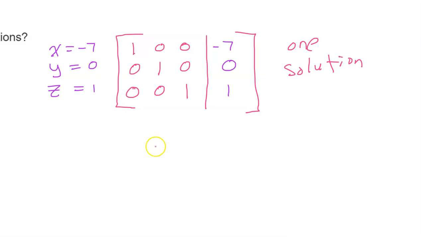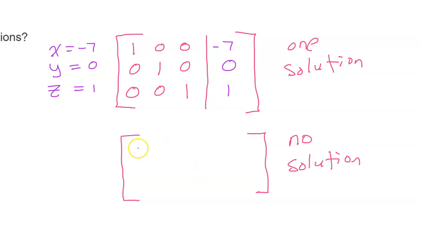So now let me show you what it looks like when it is no solution. All right, when it's no solution, the real problems happen in the bottom row. So stay tuned for that.